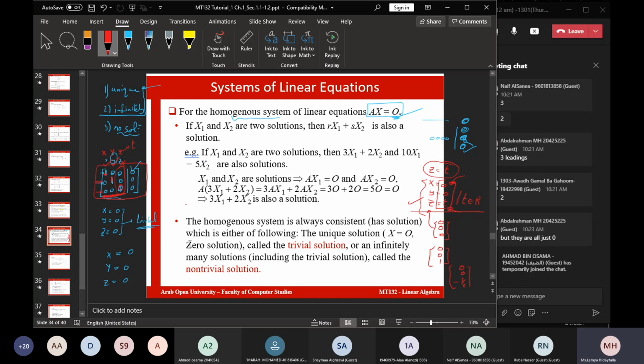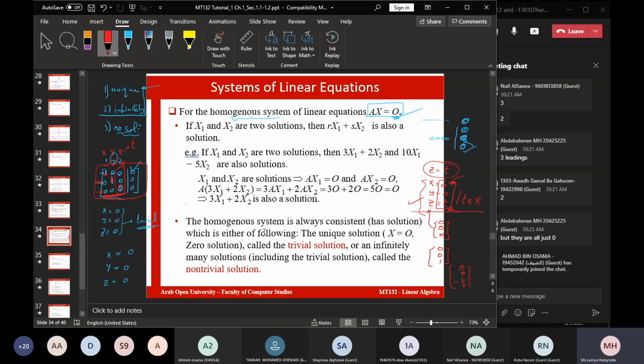Let's sum up. The homogeneous system will always have either a unique solution or infinitely many solutions. If it is the unique solution, we call it the trivial solution, which is the zero solution. In the case of infinitely many solutions, one of them is always the zero solution.